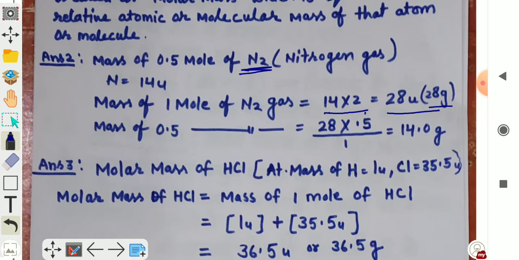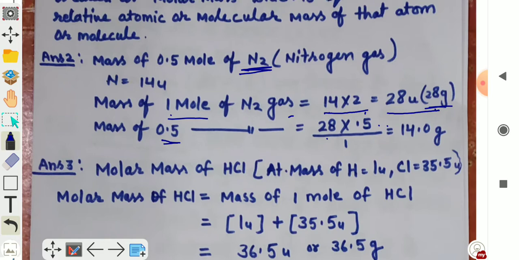And you have to find out in 0.5 mole of nitrogen gas how many grams of nitrogen gas are present. So 1 mole of nitrogen gas is equal to 28 gram. Then 0.5 mole of nitrogen gas will be equal to 28 as it is written. The number below, children, we will place in the multiplication, then we will place 1 in the denominator.